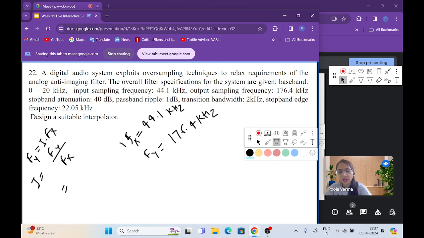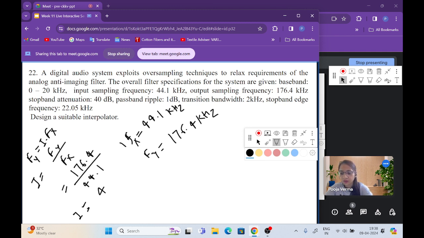So the interpolation factor we get is 176.4 kHz divided by 44.1 kHz. The kilohertz will cancel. If you divide, you will get 4. So the interpolation factor is I equal to 4. The system can be implemented by a single stage with factor 4 or a two-stage interpolation with a factor of 2 in each stage.